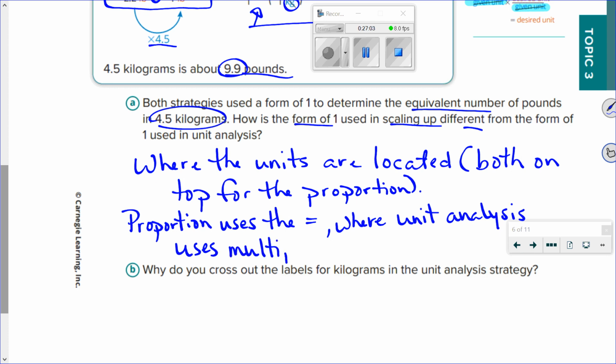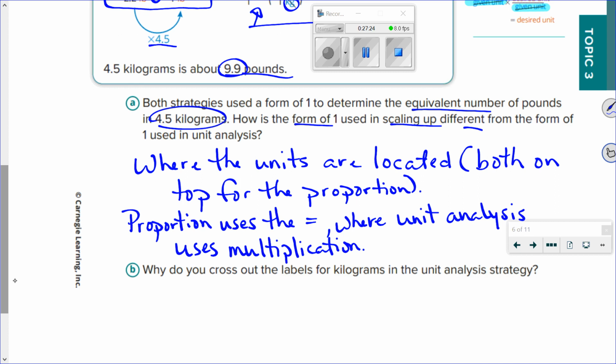That is the biggest difference between those two methods. But they are huge differences because the math goes completely different. Is everybody okay so far?